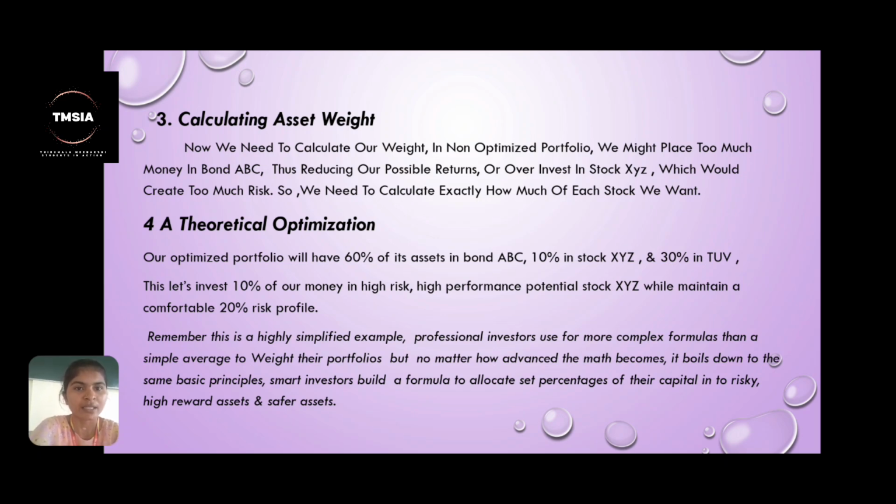Remember, this is a highly simplified example. Professional investors use far more complex formulas than a simple average to weight their portfolios. But no matter how advanced the math becomes, it boils down to the same basic principles. Smart advisors build a formula to allocate set percentages of their capital into risky, high reward assets and safer assets.